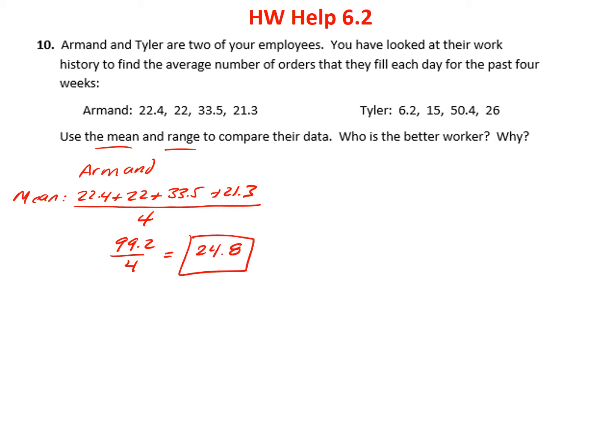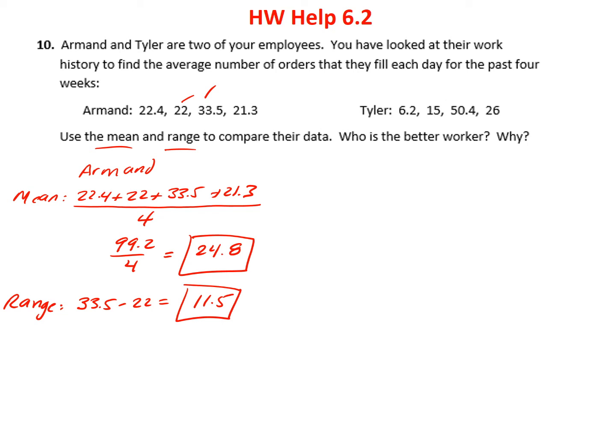So that's his mean. Now, if we look at his range, his high sell day to his low sell day, 33.5 is his high, and his low is 22. So subtract 22, and we have a range of 11.5.